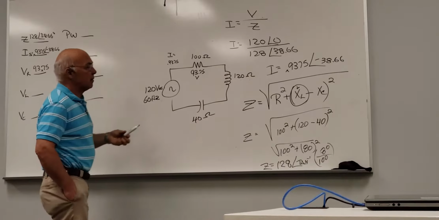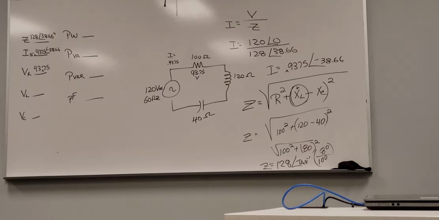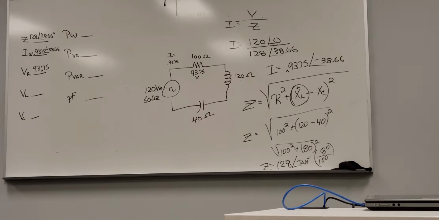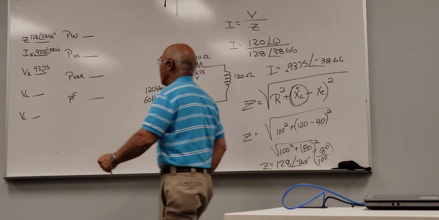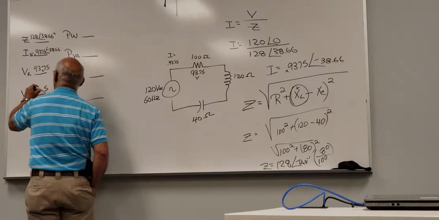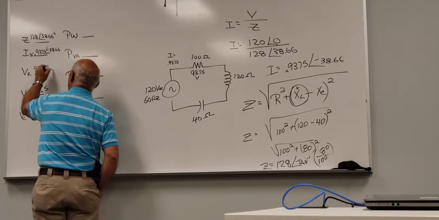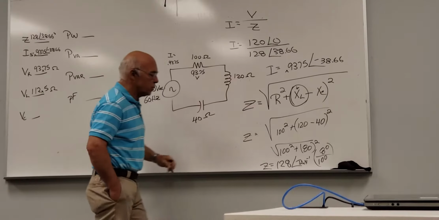The value of the inductive reactance in ohms times the current. So 0.9375 times 120 gives me 112 and a half volts. Excuse me, not ohms.